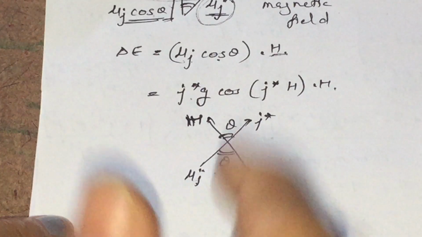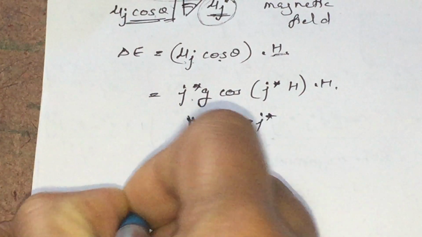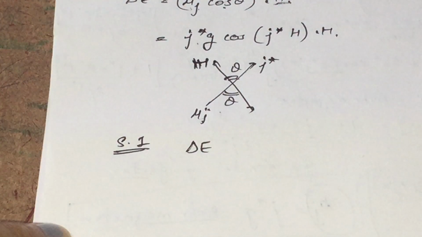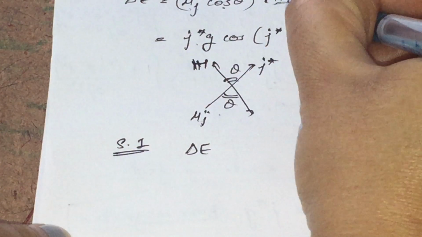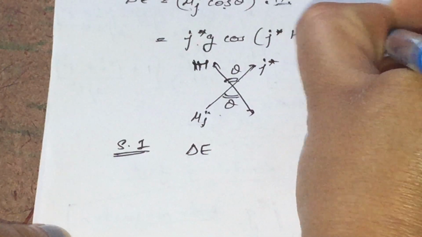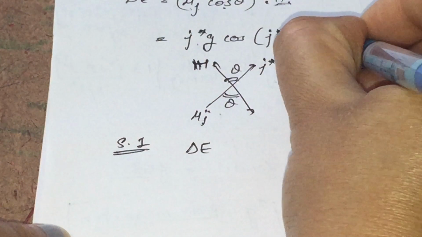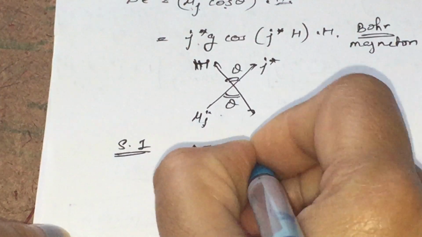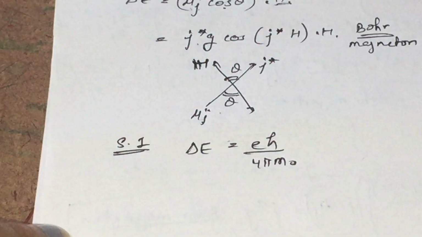And in terms of SI units, if we have to give the change in energy, we will give our Bohr magneton in the relation, which is given by eh upon 4 pi m naught.